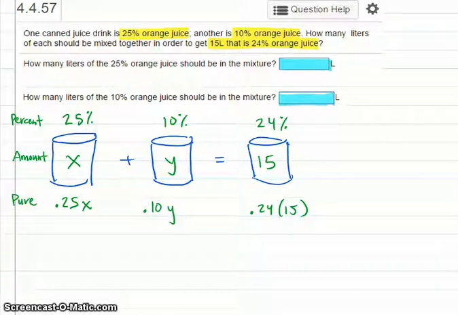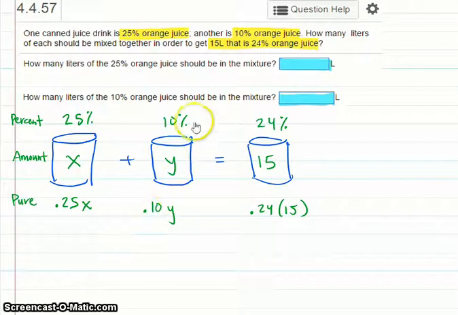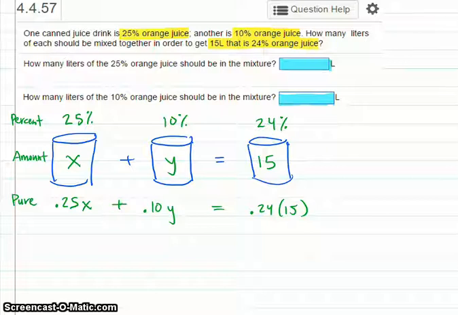We can also think of this as the pure amount from the first solution plus the pure amount from the second solution is equal to the final pure amount in the third solution. So this plus this is equal to that.